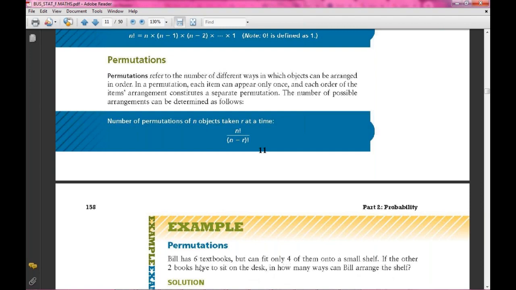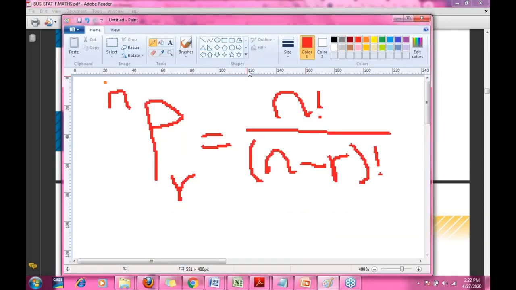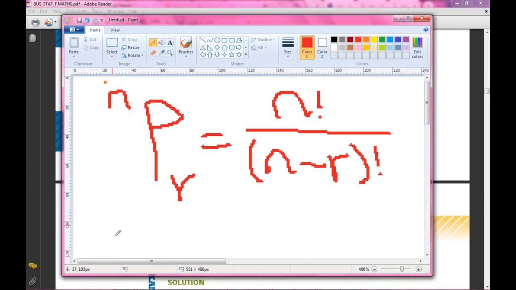So the total number of textbooks that Bill has here is 6. From the question, our n is equal to 6.